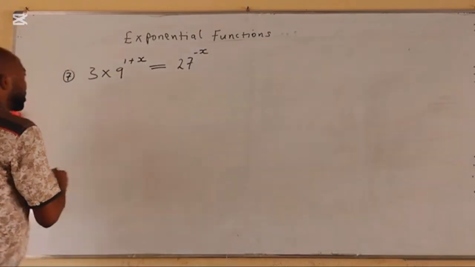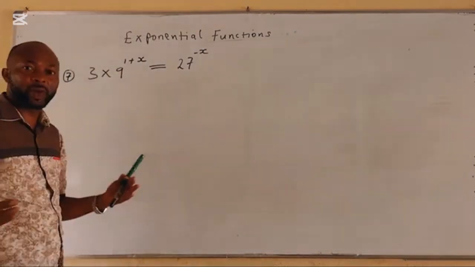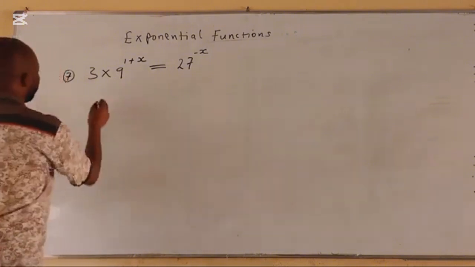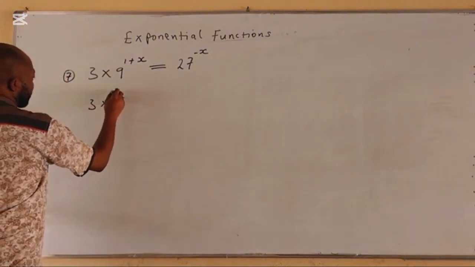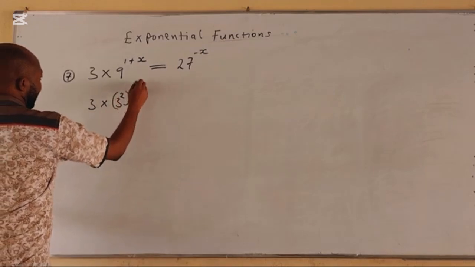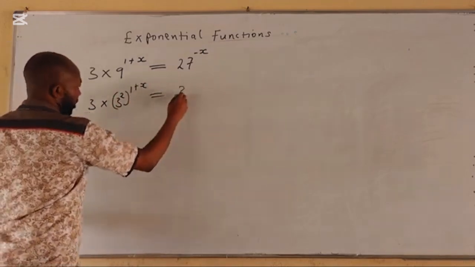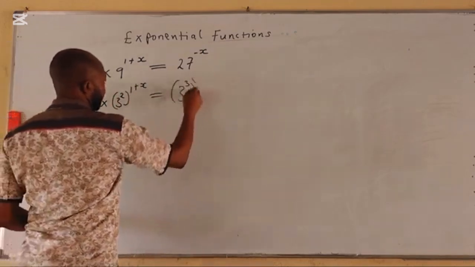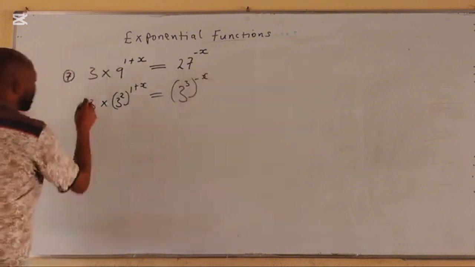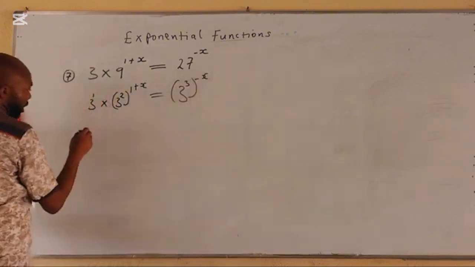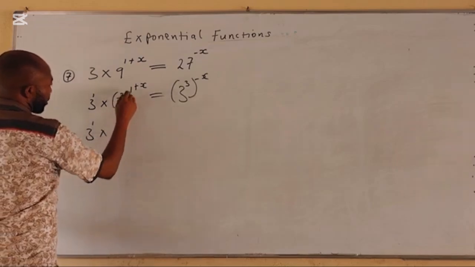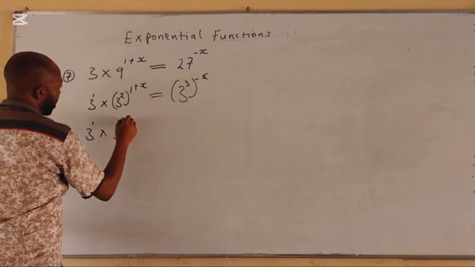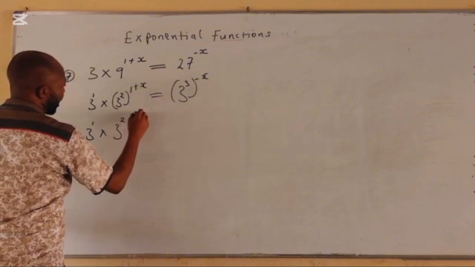Okay? Now all these numbers, I can have a common base, which is 3. So I have my 3 times 3 raised to the power 2, times 1 plus x, is equal to 3 raised to the power 3 times minus x. Now this 3 is raised to the power 1. So I have 3 raised to the power 1 times 3 raised to the power 2 times 1 is 2 plus 2 times x is 2x.